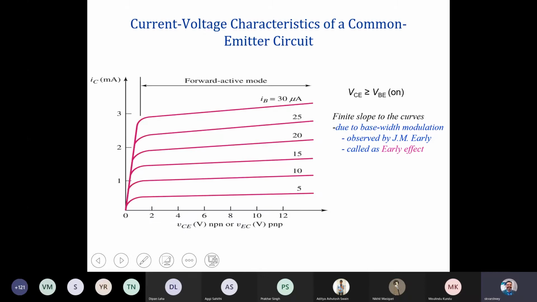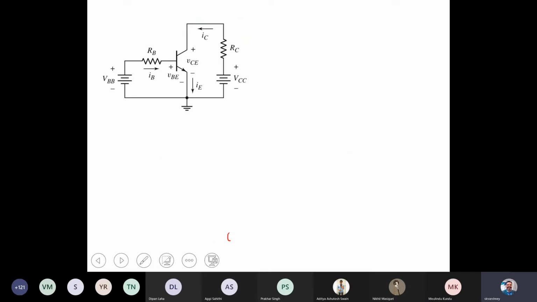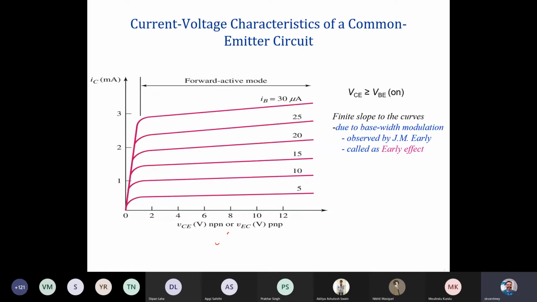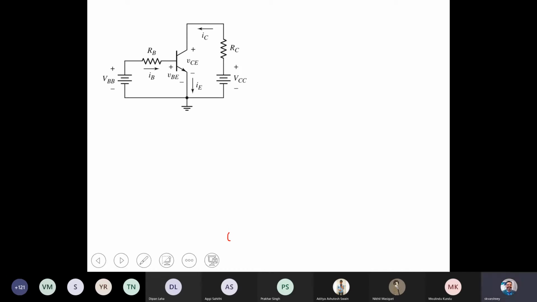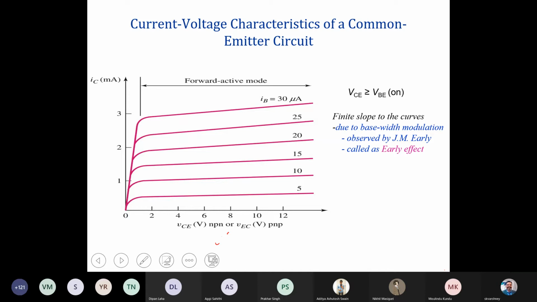Okay. So if we look into the current-voltage characteristic of a common emitter circuit, we plot collector current on the y-axis, and on the x-axis we have the collector-emitter voltage, which is the output voltage.